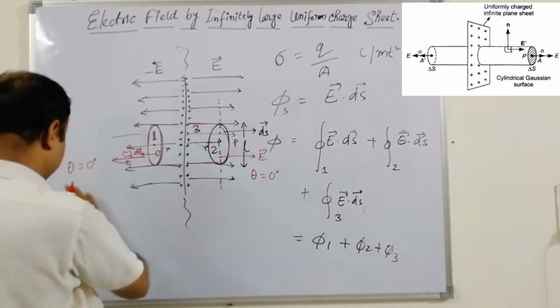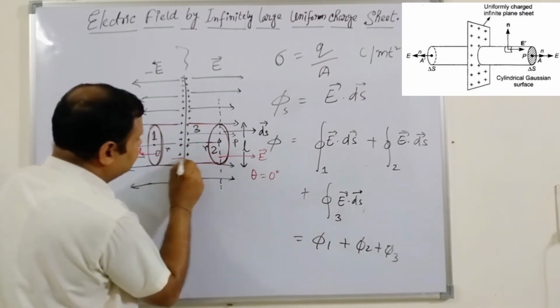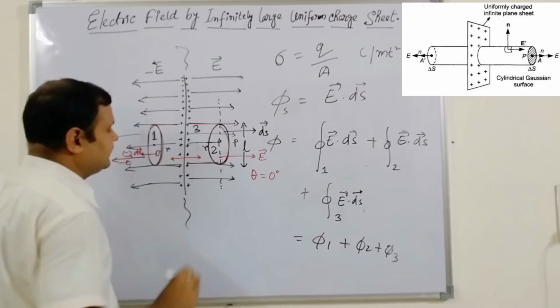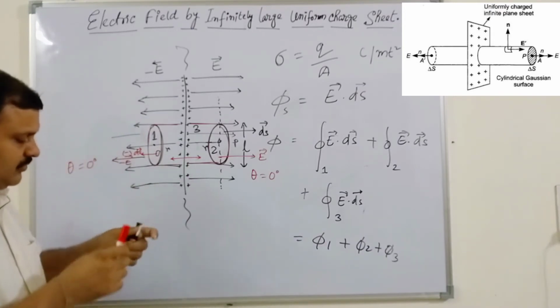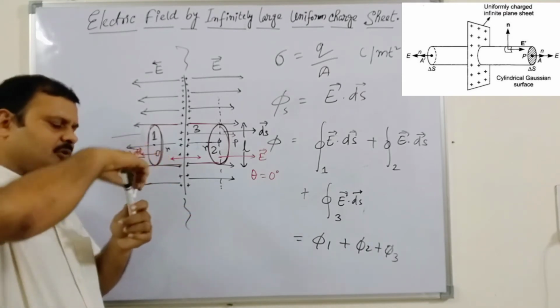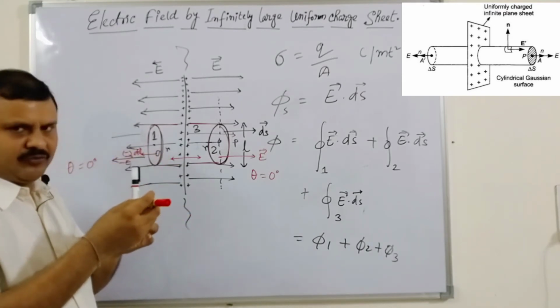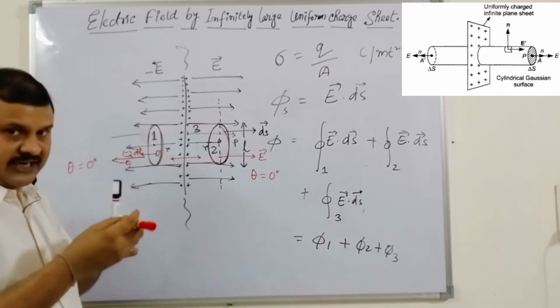Let's consider the curved surface also. For the curved surface, the electrical field is along this side, and for the cylinder, as you know, the area vector of the curved area will be perpendicular to the surface, radially.